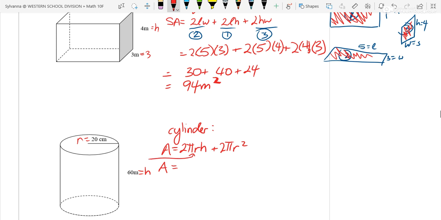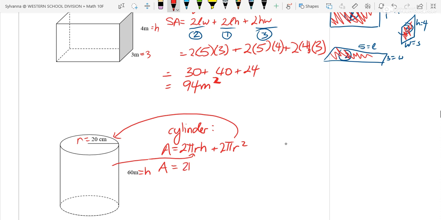This part right here comes from the wraparound of our cylinder, and this 2 pi r squared comes from the circle at the top and bottom. We times it by 2 because it's top and bottom of the cylinder. So that's where those come from.